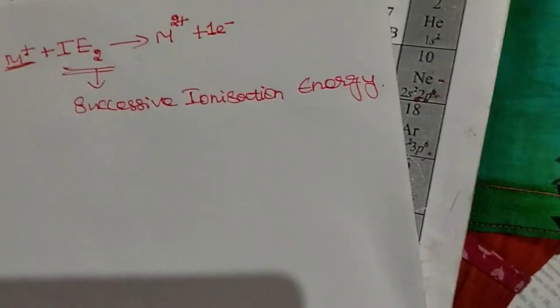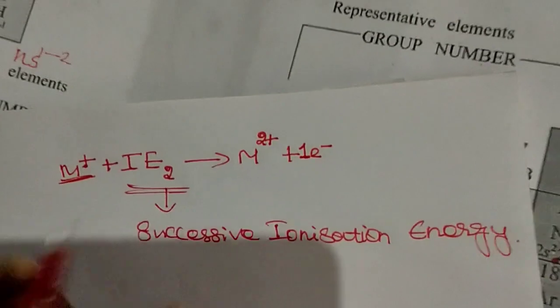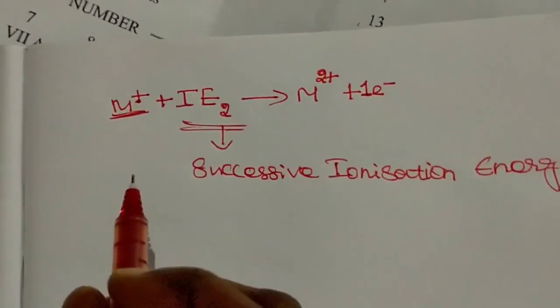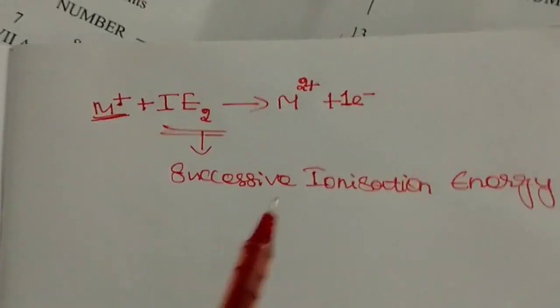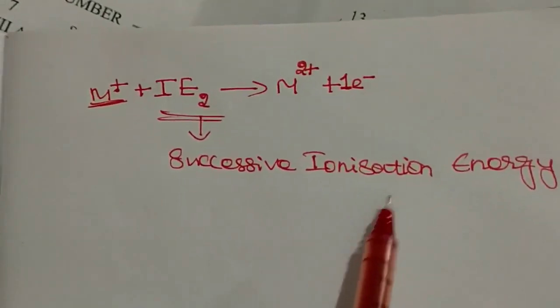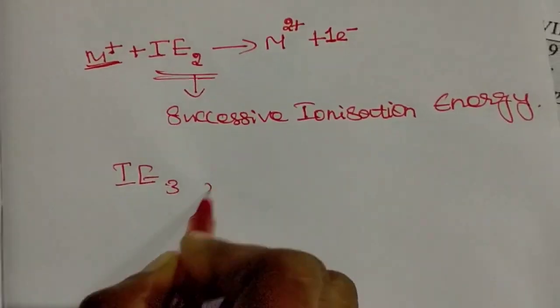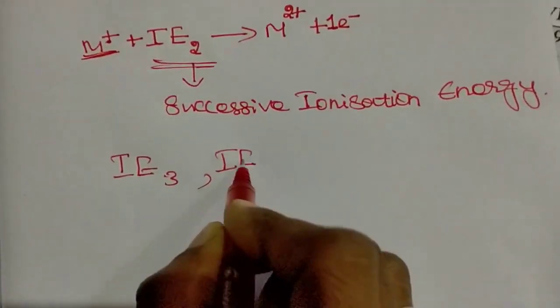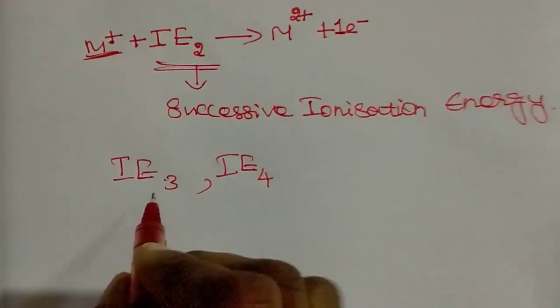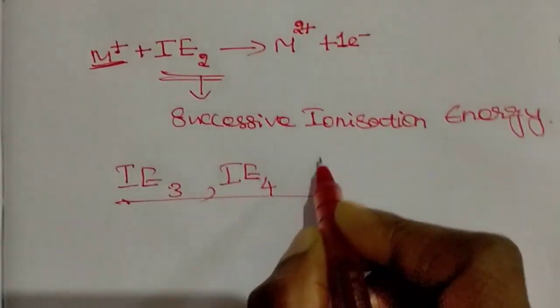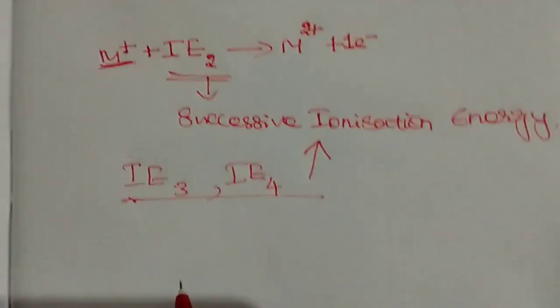Likewise, we remove electrons from the gaseous atom by applying the minimum amount of energy: ionization energy 3, ionization energy 4, and so on. They are all known as successive ionization energies.